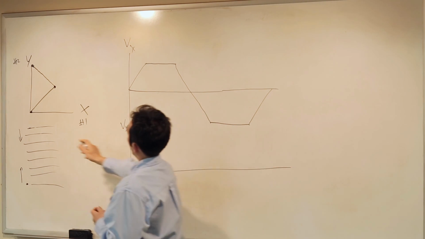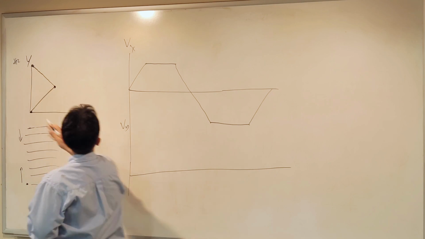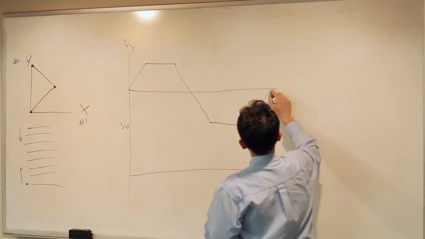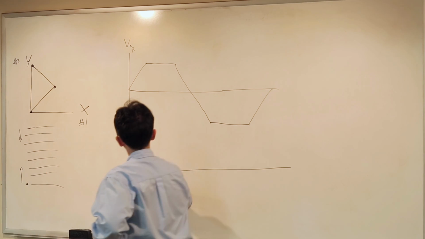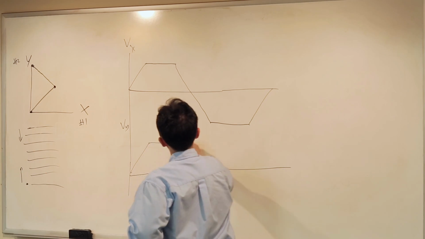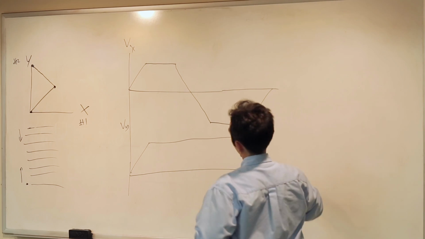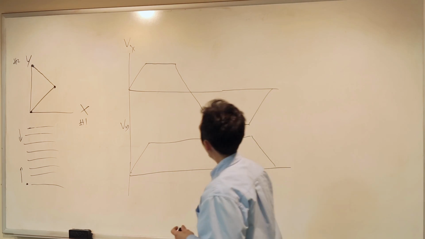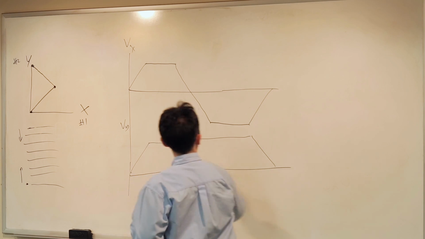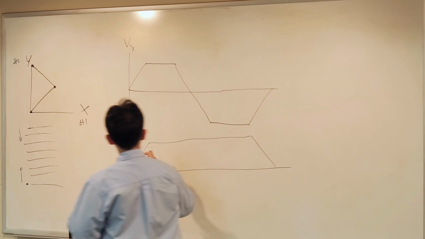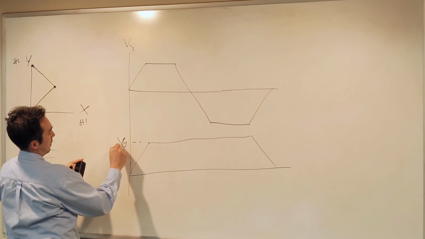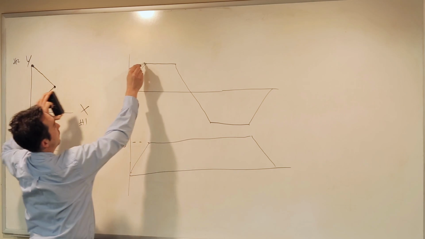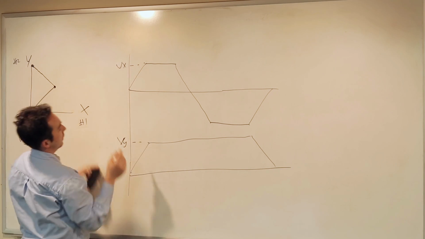So this will be the Vx: you go here and come to 0. And the Y will be continuous, so it will be like this. That will be the Vy, and this is the Vx.